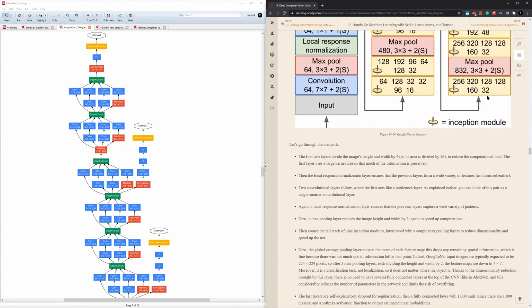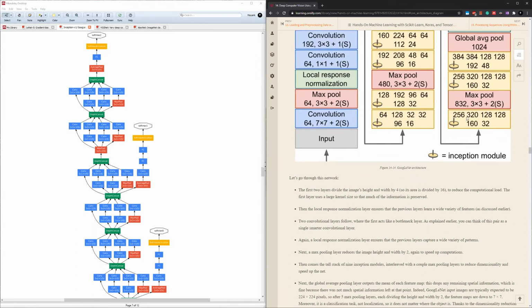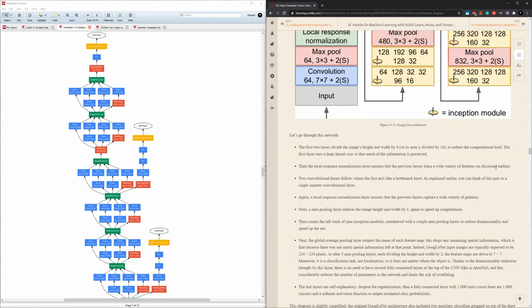This is important here because this global average pool layer, which has a vector of 1024, holds the means of the feature maps. In the classification task, it does not matter where the object is.